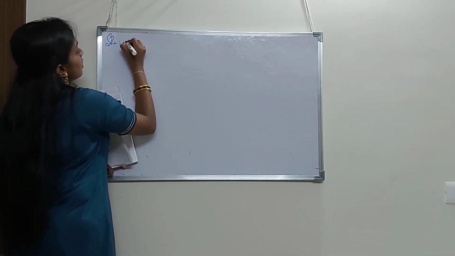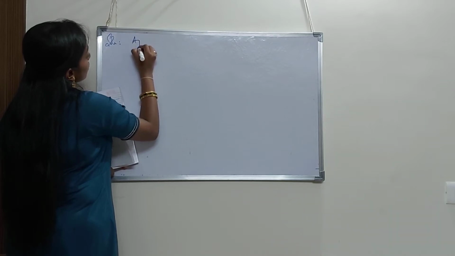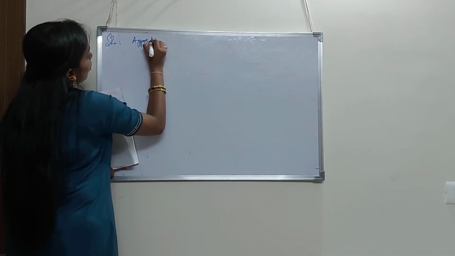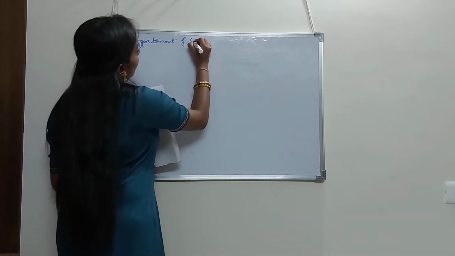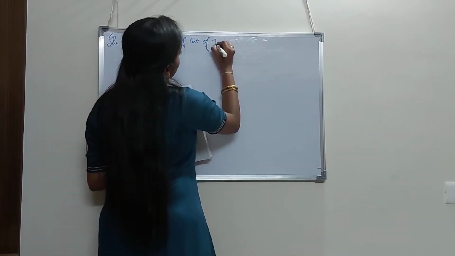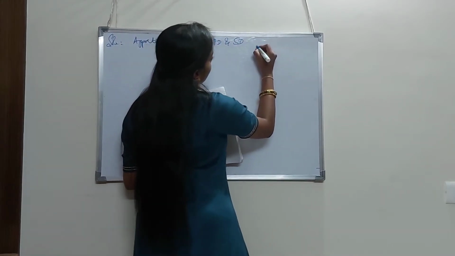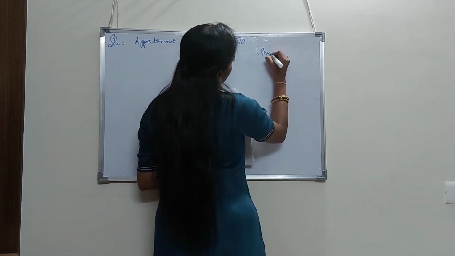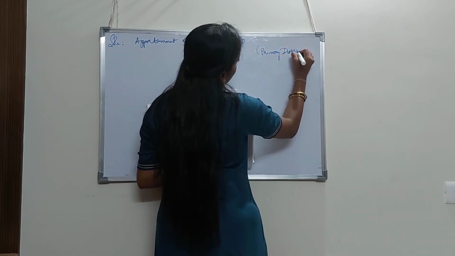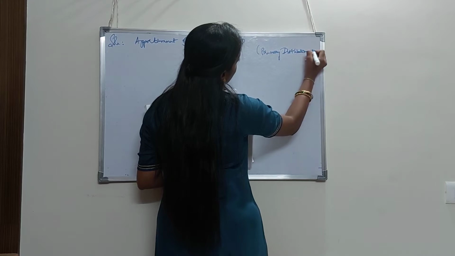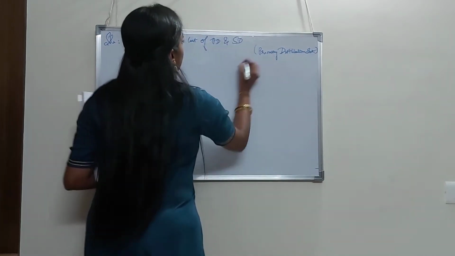So: statement showing apportionment of costs of production departments and service departments. Within the brackets, write primary distribution summary, or primary distribution statement.